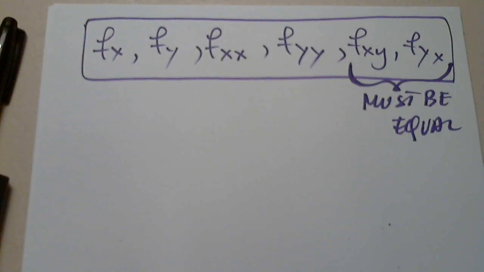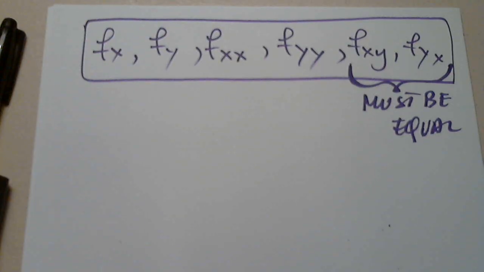The antiderivative? No, we were not going to go that far with partial derivatives or multivariable calculus. No, we're going to find max and min, critical numbers. Good. So now let's choose a problem and determine fx, fy, fxx, fyy, fxy, fyx.